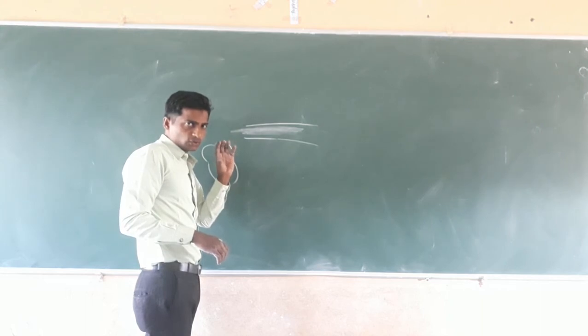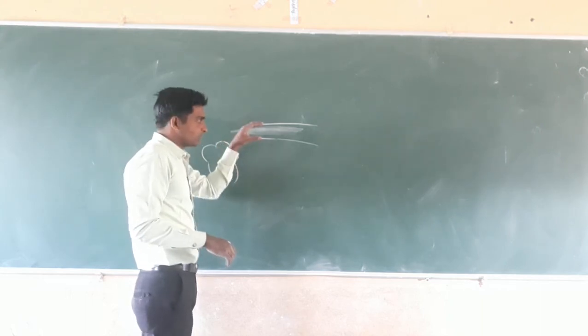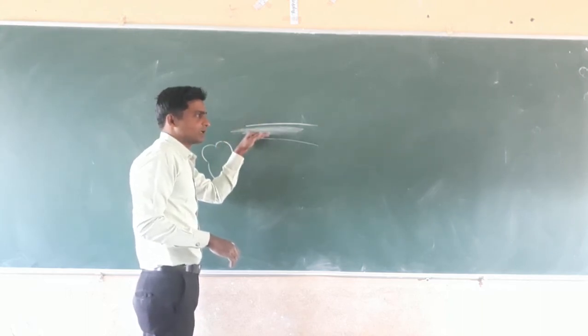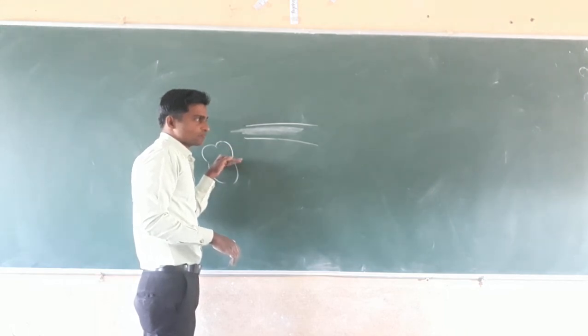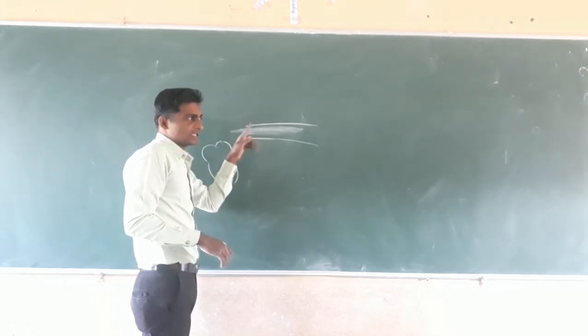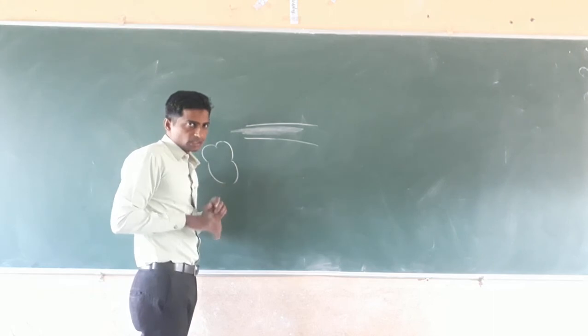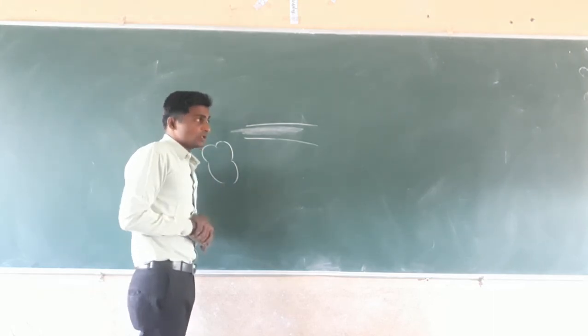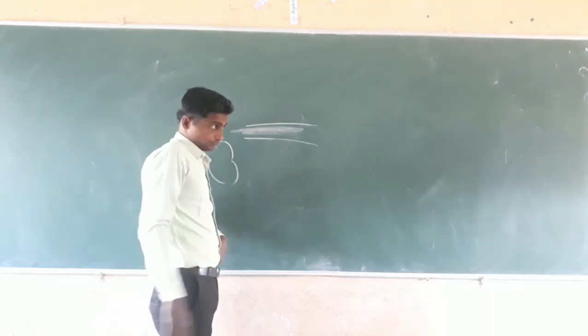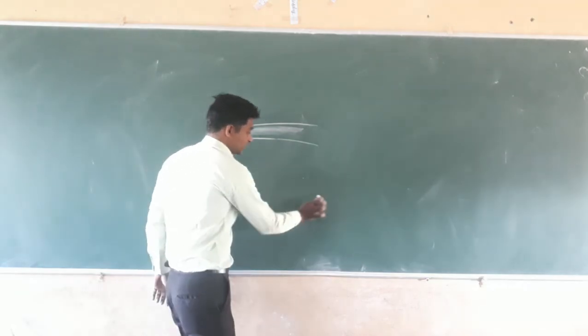That pulse you have studied. The pressure exerted by the blood due to the pumping of heart is called the blood pressure. Yes. Here what happens? You will see two types of pressure. One is due to the contraction.